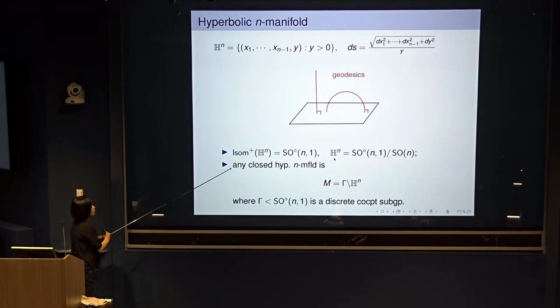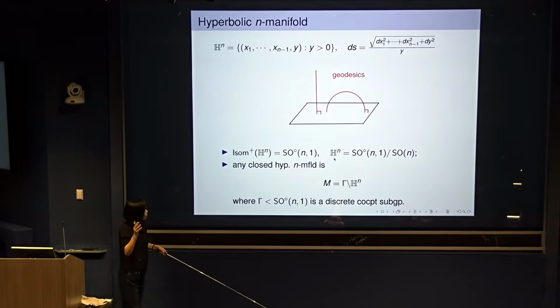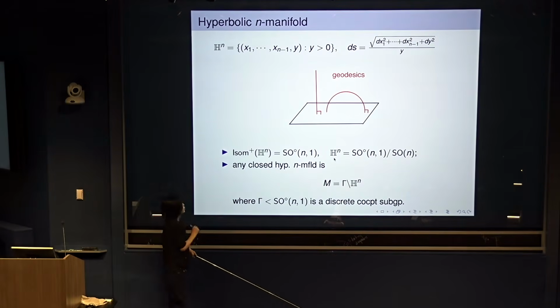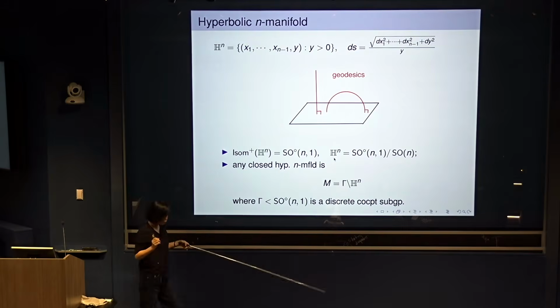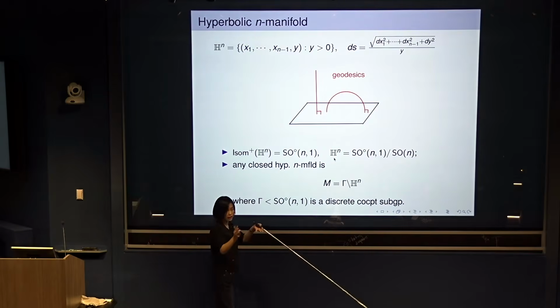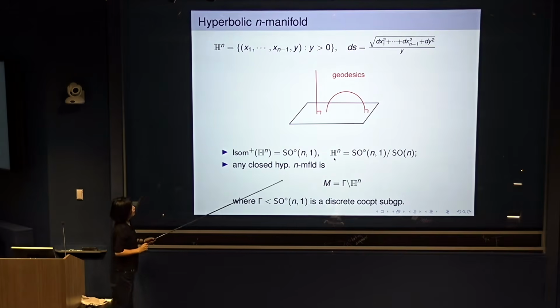Now this time, the group of orientation preserving isometries of Hn is the special orthogonal group of signature n, 1. I told you before that the orientation preserving isometries of H2 is PSL2R, and now I'm saying it is SO2,1. But SO2,1 and PSL2R are isomorphic to each other, so I'm being consistent.